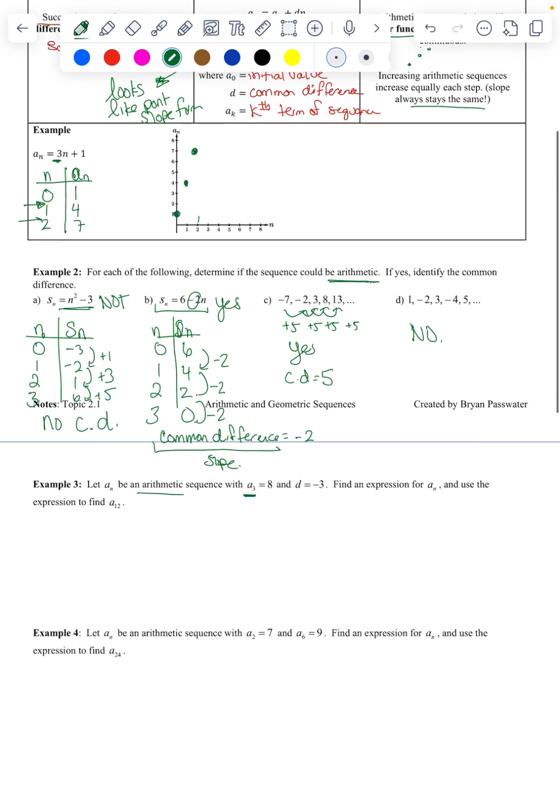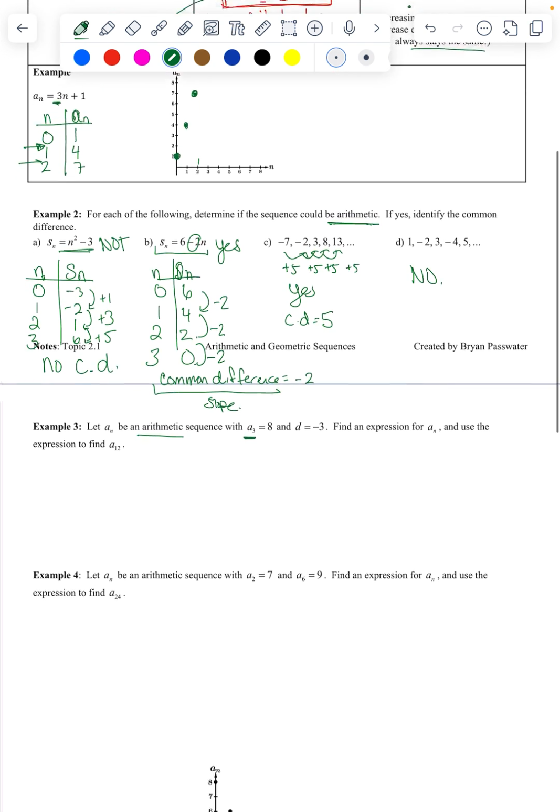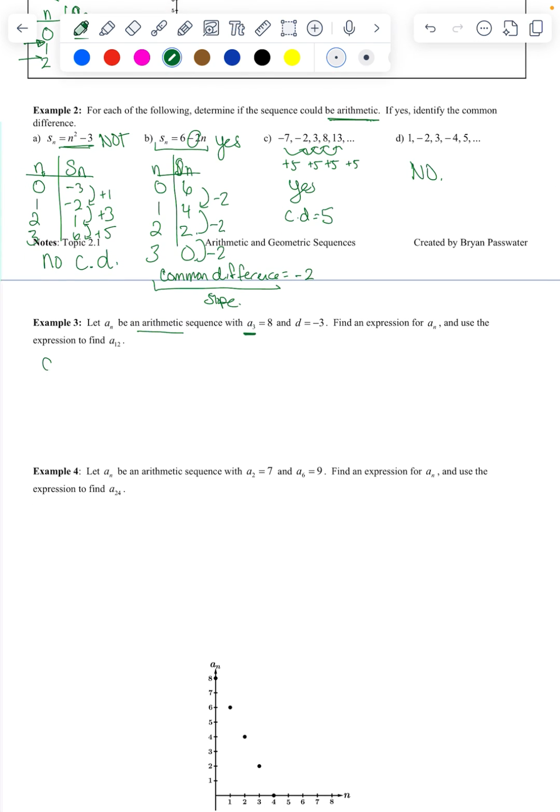So let's go back and remember our formula. A sub n is equal to a sub k plus d times n minus k. Well, in this case, they're giving us this piece of information right here.